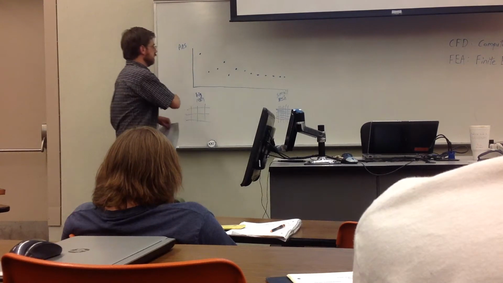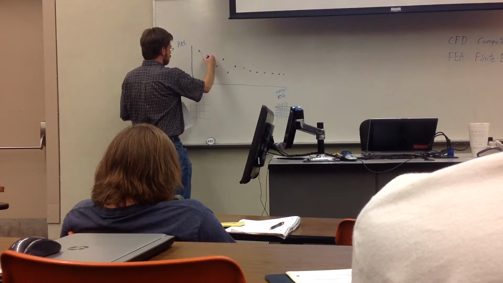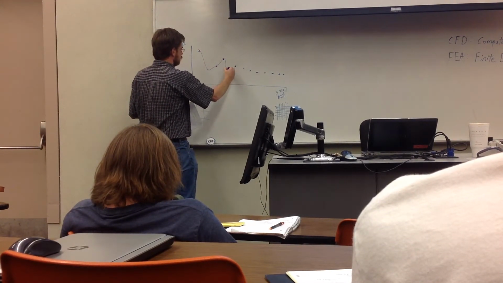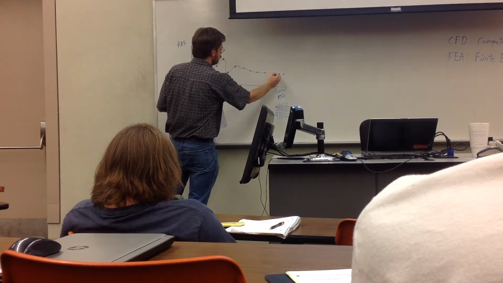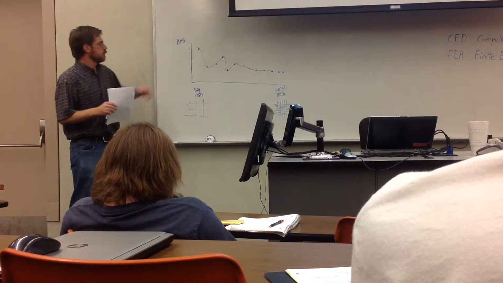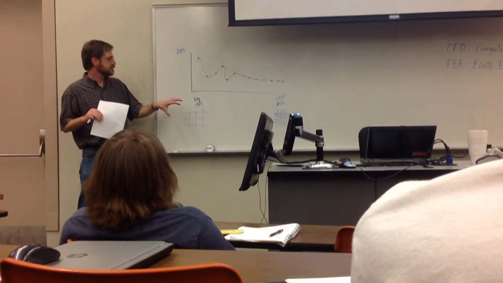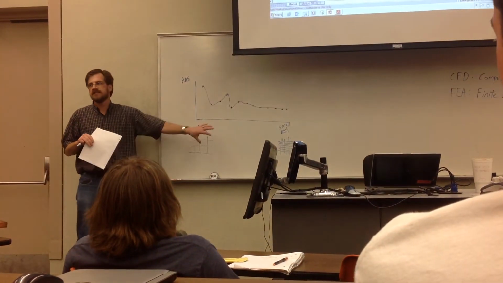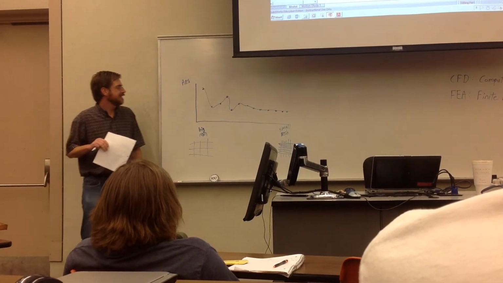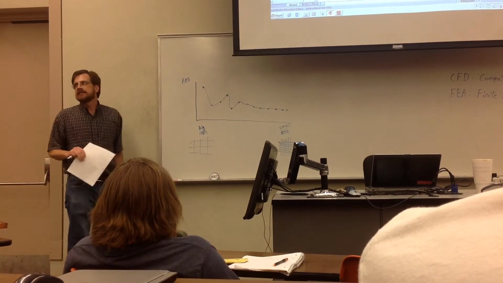Okay, so connecting these dots, we're getting something that looks kind of like that. So each one of these is a different answer that our CFD study gave us, depending on which mesh size we use. Which one of these is correct?